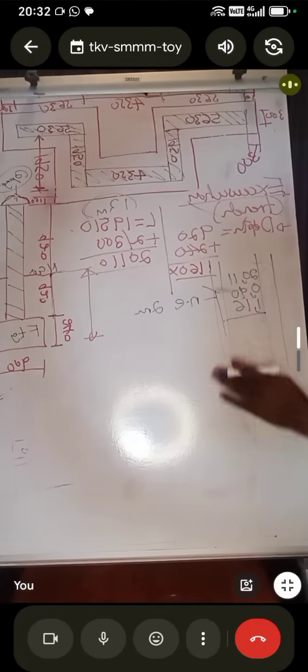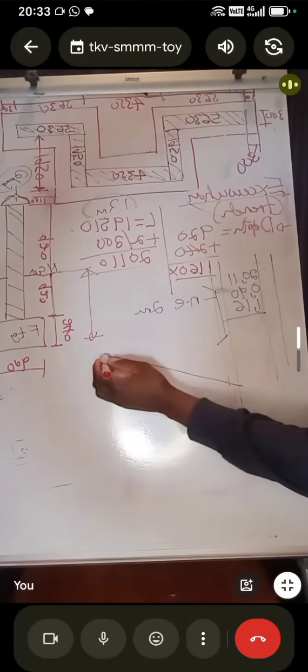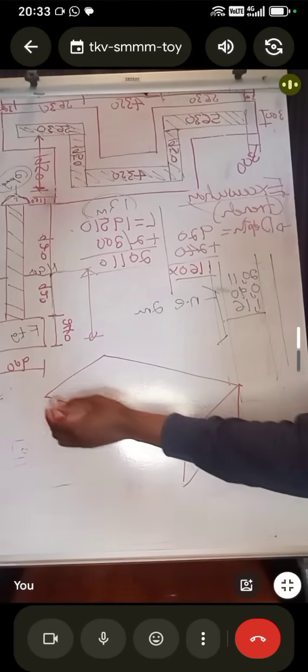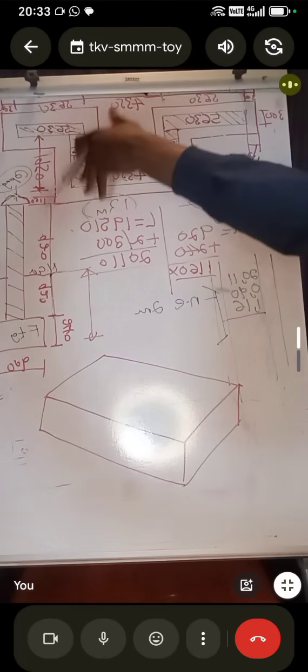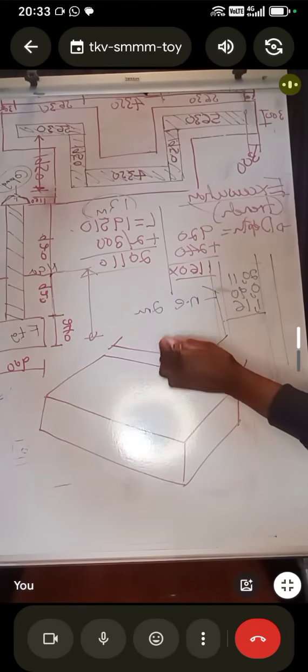But we know that after excavating, there's a risk of collapse that we must address. So in a 3D shape, I'll try to draw this. Let's say this is a trench. Remember, I've made this to be straight. You know the total length there, which is 20,110.